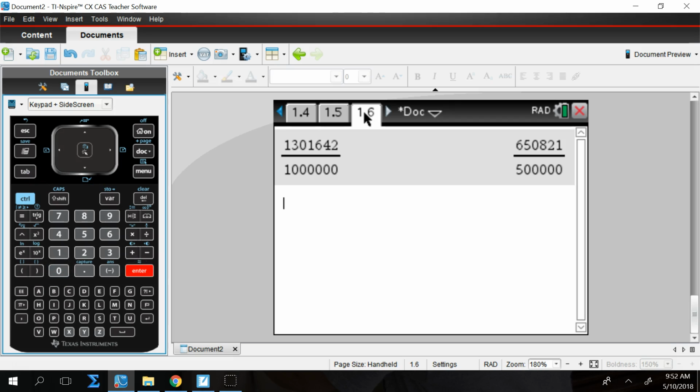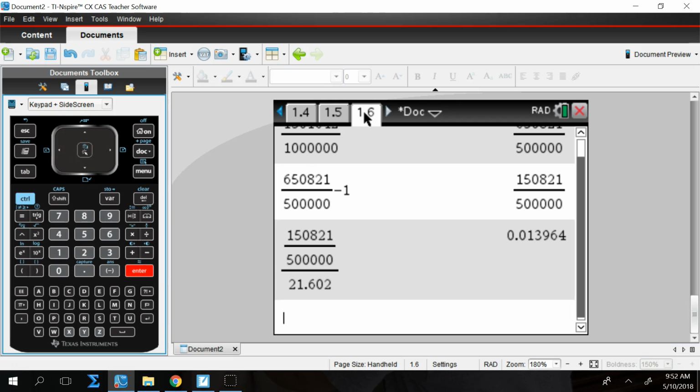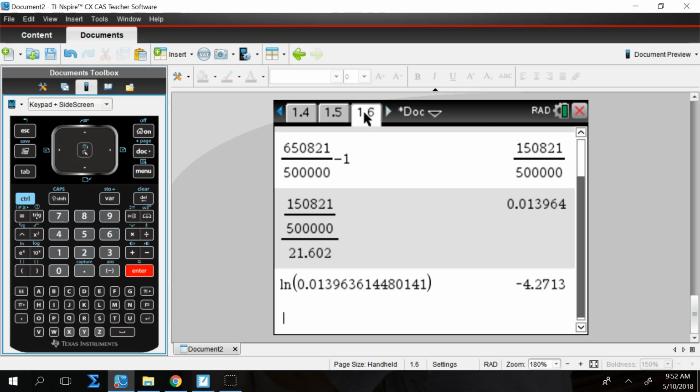Okay. So there's that. So I've cross multiplied and I've divided it. Then I've got to subtract 1 from that. Okay? Then I've got to divide that by 21.602. Gets me that. Okay? So that now is what E is equal to. So I take the natural log of that. So that's what my exponent is now equal to.